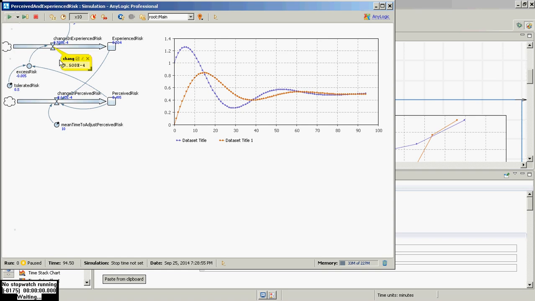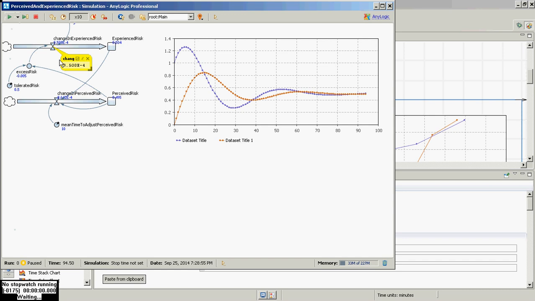So this top formulation here is, ladies and gentlemen, a first order delay, but it's a first order delay with a twist. And what's the twist? The twist is that it's target, tolerated risk, minus not experienced risk, as it would normally appear in a first order delay, but minus perceived risk, which is just the delayed version of experienced risk.